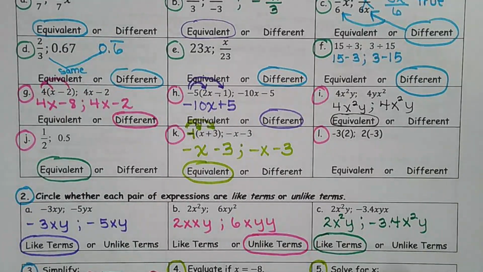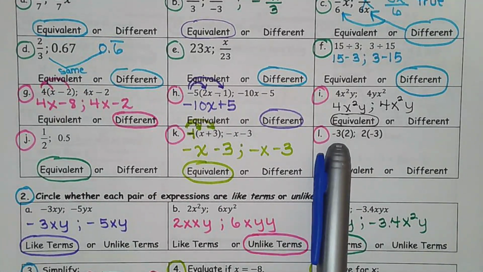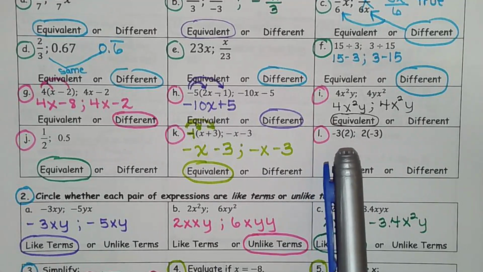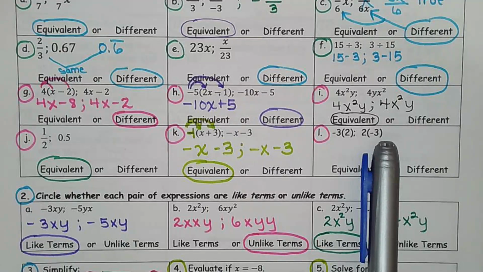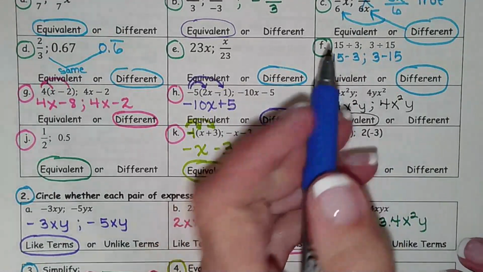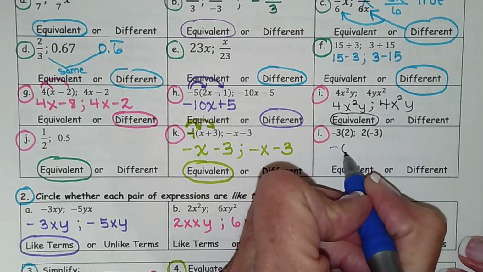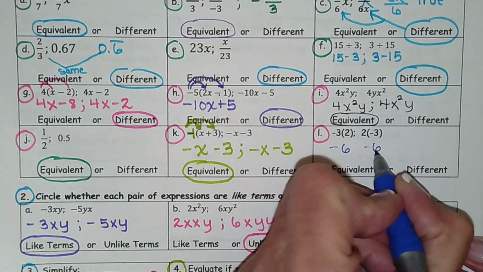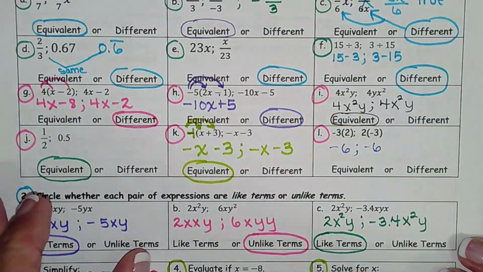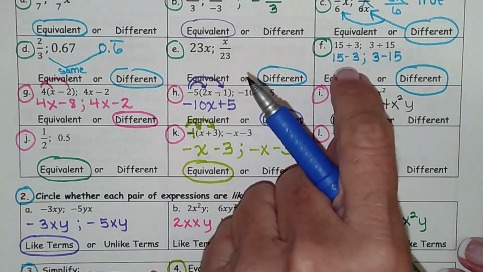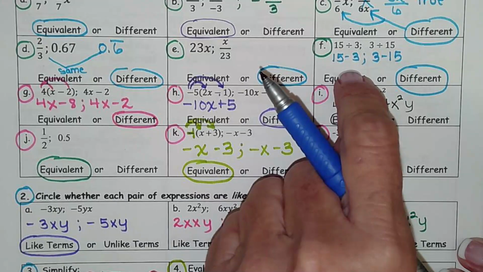And last but not least, this is really just asking, is multiplication commutative? If you don't know, just find the answer to each. The answer to this one's -6. The answer to this one's -6, which tells us multiplication is commutative. Order does not matter. Remember, the two where order matters are division and subtraction.